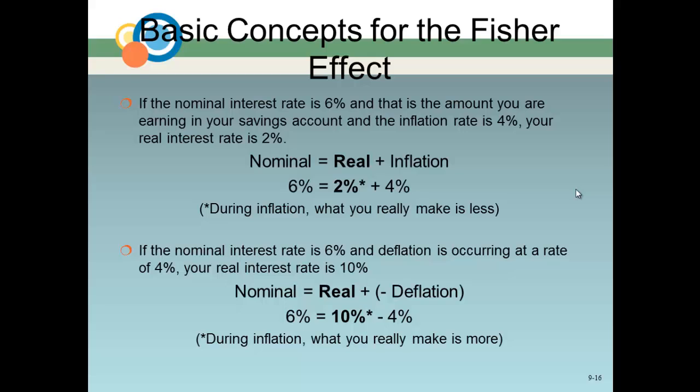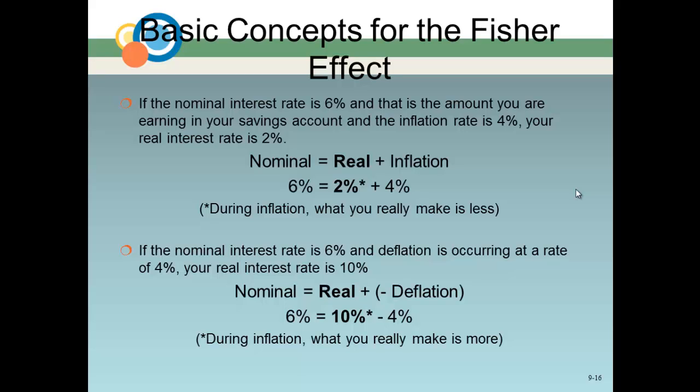So in order to wrap this up, let's go back and look at the formula one more time from the perspective of the investor. Okay? And the investor cares about the real interest rate. Okay? If the nominal interest rate is 6%, and remember that is the interest rate that is posted at the bank, and that is also the amount you are earning in your savings account, the 6%.